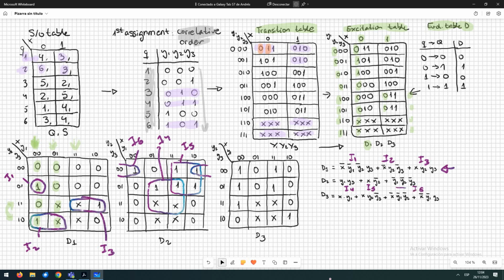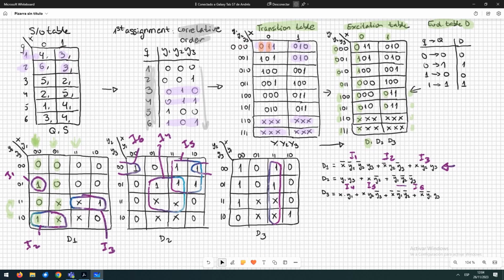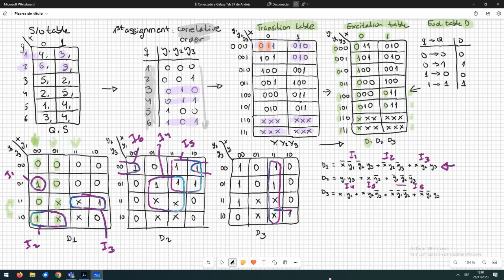And finally, in the D3 Karnaugh map, we can find this prime implicant, this prime implicant, and these two prime implicants to cover the Karnaugh map.